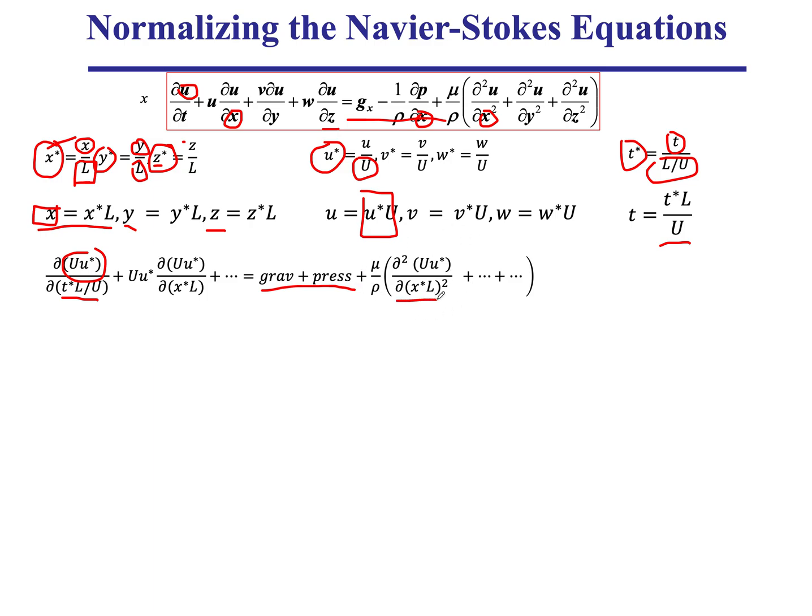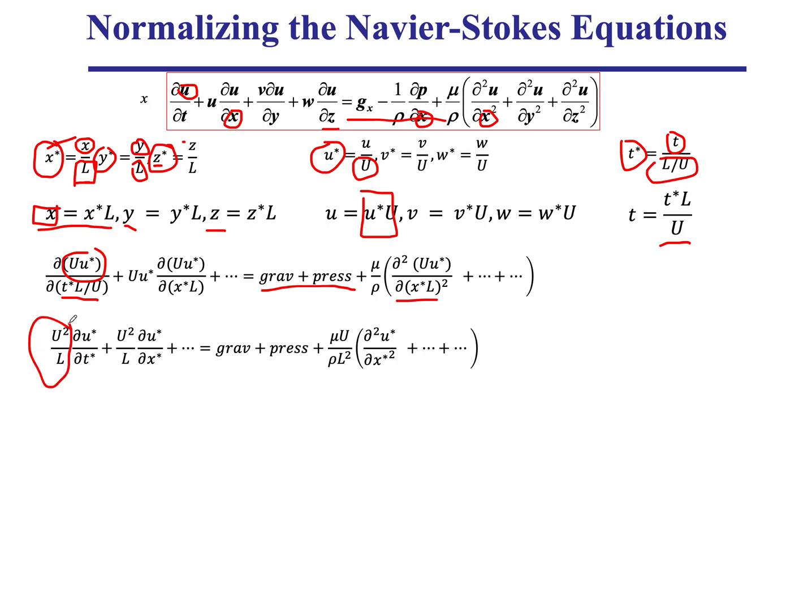And same thing you'll do for the viscous terms. And now you rearrange. Since the U and L are constants, we take them out of the derivative operator. So we factor them out.